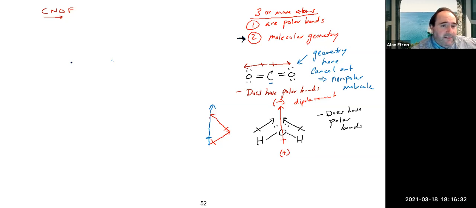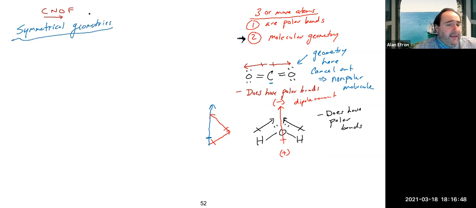And what does that mean? Well, symmetrical geometries are geometries like this. And what we're talking about here again is really molecular geometry, our shape.